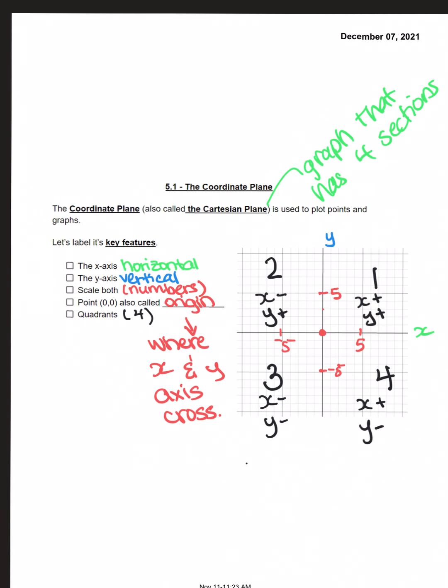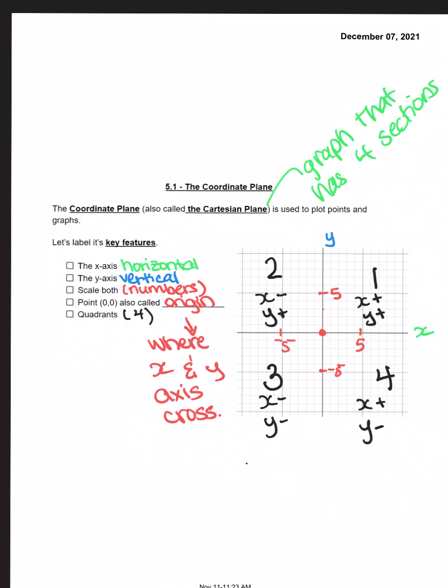And I notice a trend here. I notice that if I'm looking just at the upper side of my graph here in quadrants 1 and 2, my y's are always positive on that upper side. I'm dealing with the positive values here, just like if I was going up in temperature. And on my lower side, I'm dealing with negative temperatures or negative values here, just like on a thermometer.